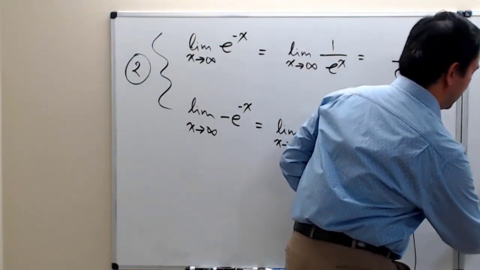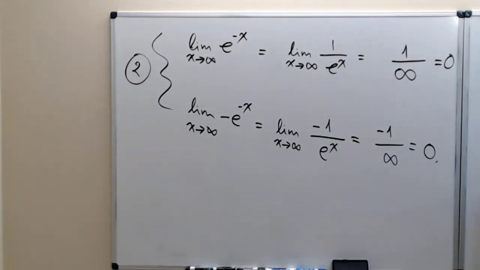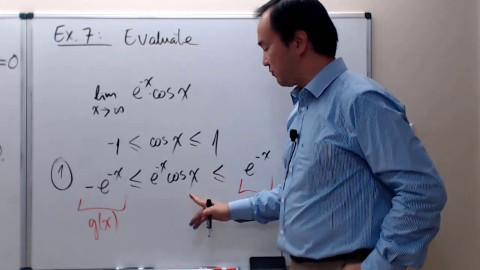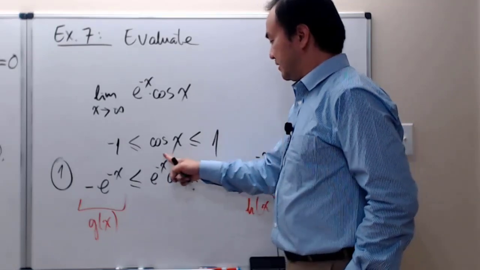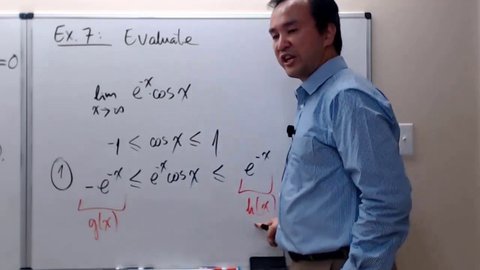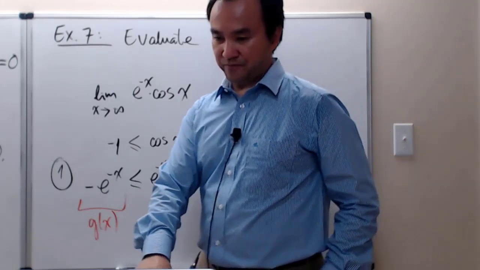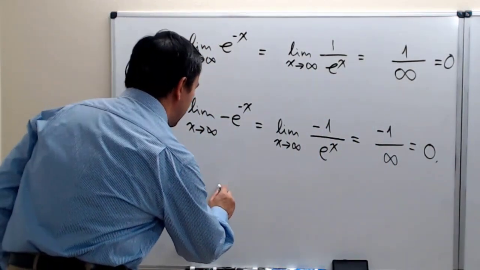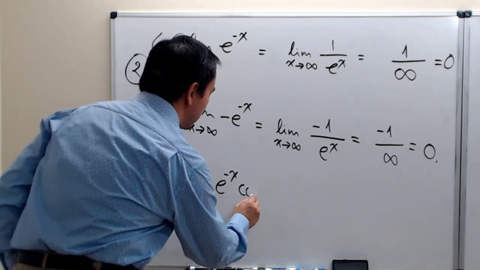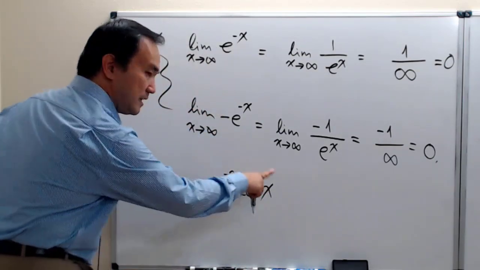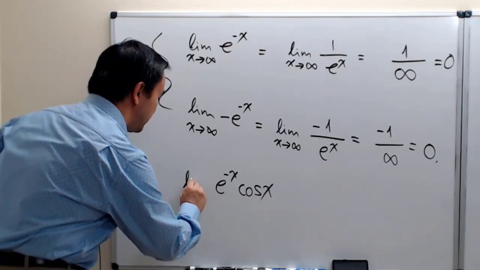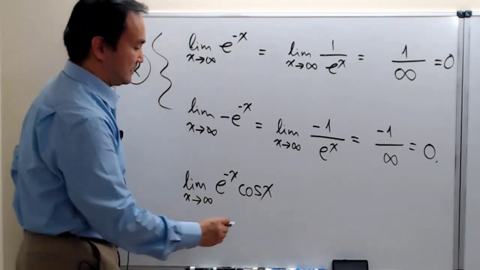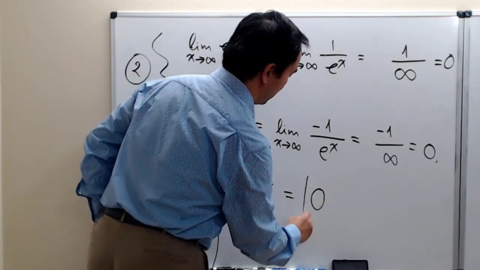And before that, our first conclusion was that our function was trapped in between two other functions, g and h. Now we are ready to make the final conclusion: e to the minus x times cosine of x, if we're taking limits as x approaches positive infinity, the limit has to be 0.